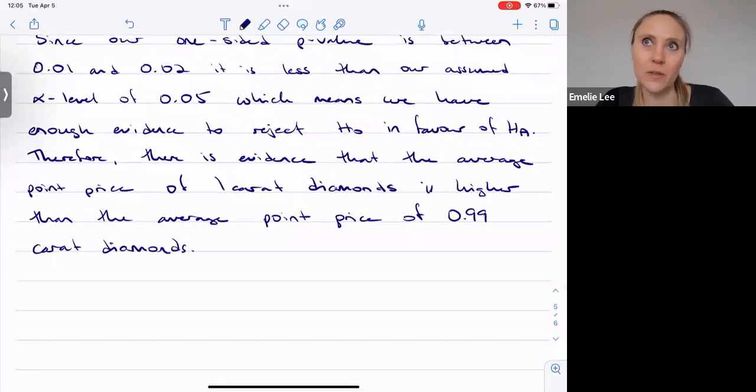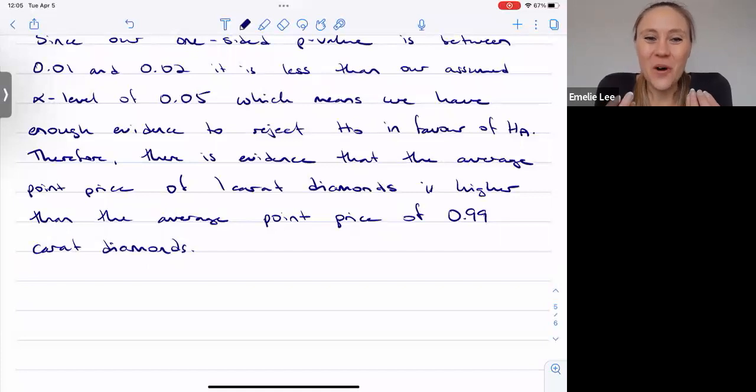There's a couple of different things, and it's not really our job to determine what to do with this finding. But for me, I'm cheap, so if they look the same, and I know that the 1 carat diamonds are significantly more expensive, I would probably go for the 0.99 carat diamond, right? They look the same. But it just depends on the scenario.